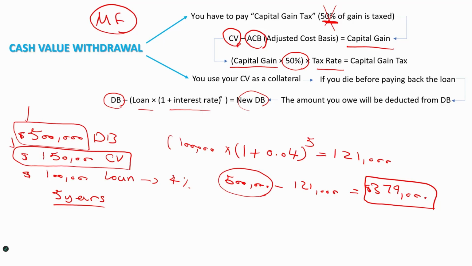So if it says in the question that this insured person had a universal life policy plus accumulated funds, which means it was the base, or the death benefit, plus the cash value, then when the client dies, you add the death benefit and the cash value together. It's going to be 650, and then you deduct 121,000 from that.